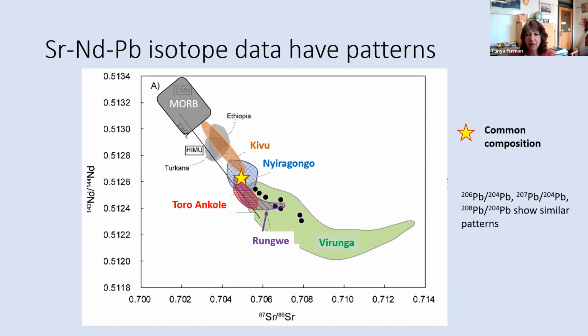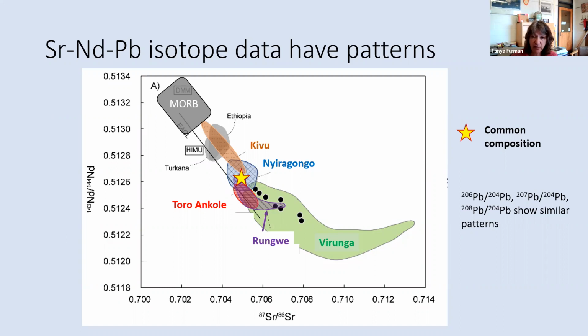I know you can do other isotopic systems, but this one I picked. And what it reflects is there's this one sort of center of the geochemical universe that I put in as this yellow star, and all of the volcanic provinces in the Western Rift have a touch of that, and then somebody else that's different. We think of it as bicycle spokes.